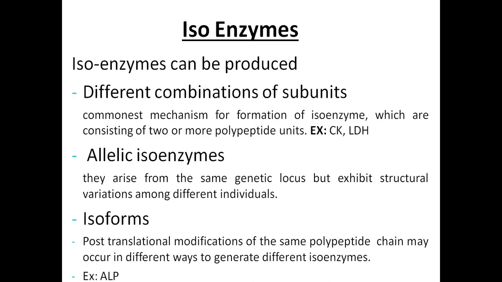Isoenzymes can be produced because of different combinations of subunits. This is the most common mechanism for the formation of isoenzymes which consist of two or more polypeptide units.